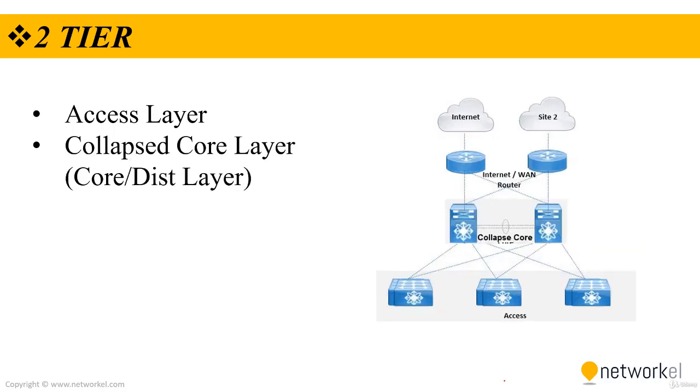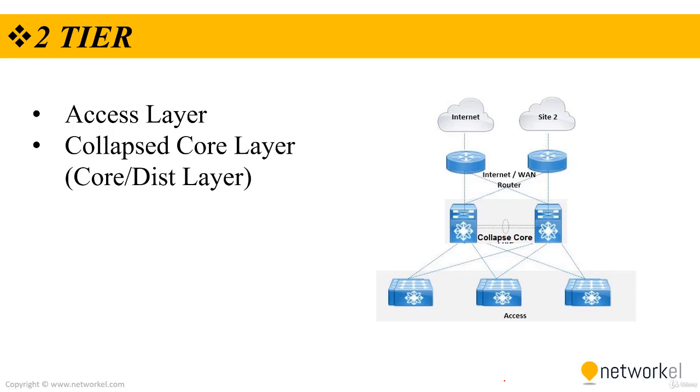So let's go ahead with the two-tier now. The three-tier hierarchical design maximizes performance, network availability, and the ability to scale the network design. Three-tier is really great, but many small enterprise networks do not grow significantly larger over time.